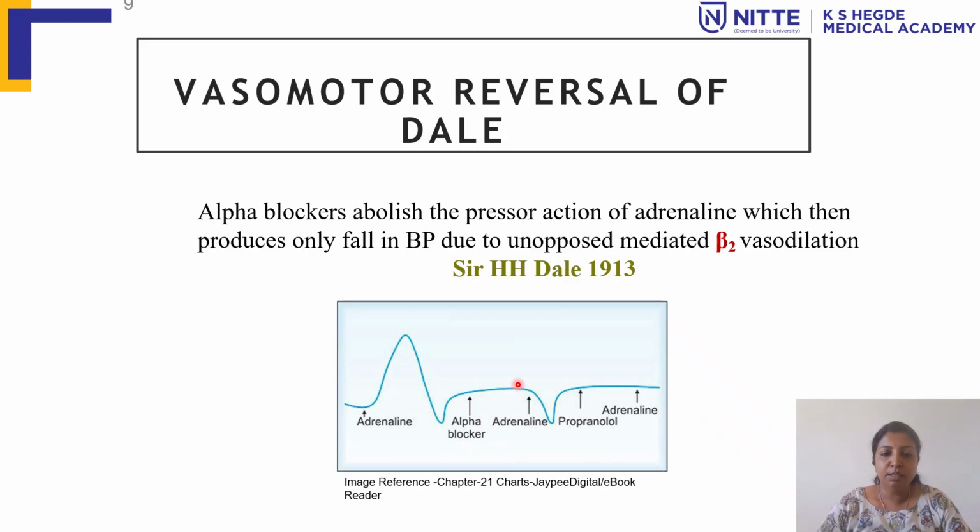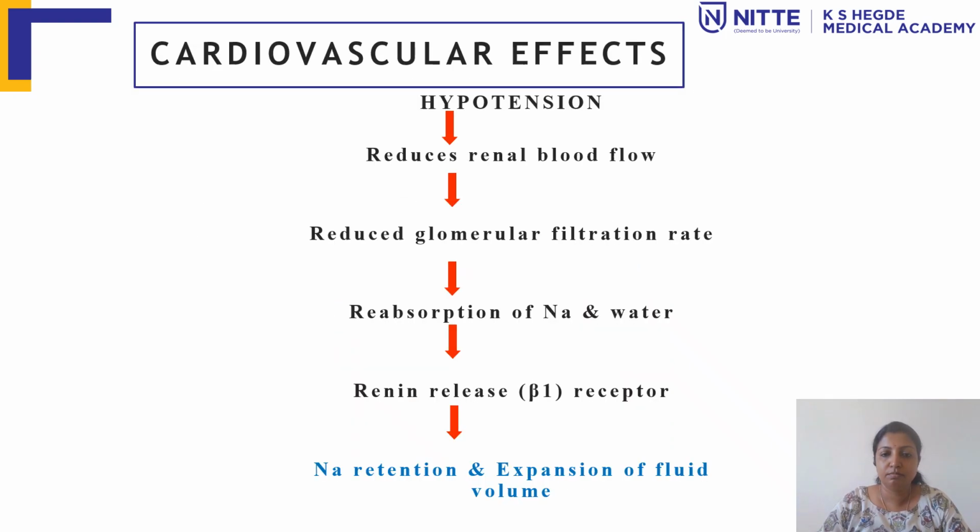You can see that the pressor action of adrenaline is blocked and it produces only a fall in BP due to unopposed beta 2 vasodilation. This was demonstrated by Sir H.H. Dale in 1913 and it is known as vasomotor reversal of Dale. It was demonstrated with the help of alpha blockers.